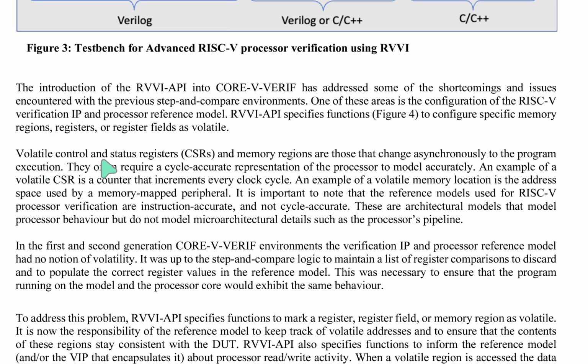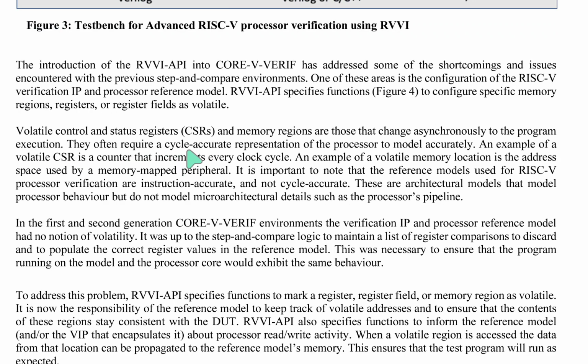The volatile control and status registers, CSRs, and memory regions are those that change asynchronously to the program execution, and they often require a cycle-accurate representation of a processor to model accurately. An example of a volatile CSR is a counter that increments every clock cycle. An example of a volatile memory location is the address space used by a memory-mapped peripheral.